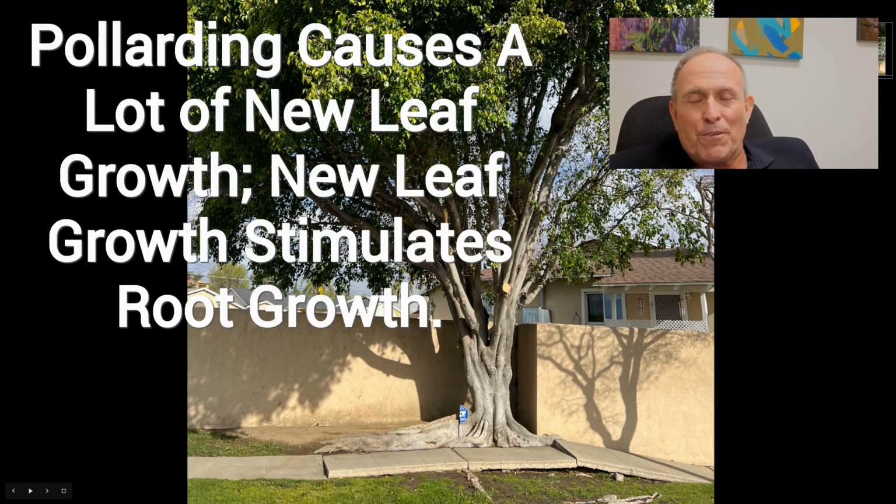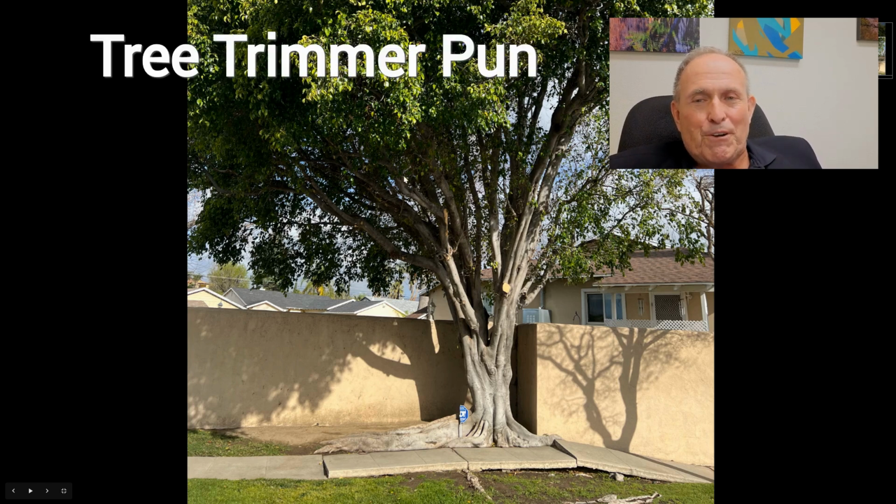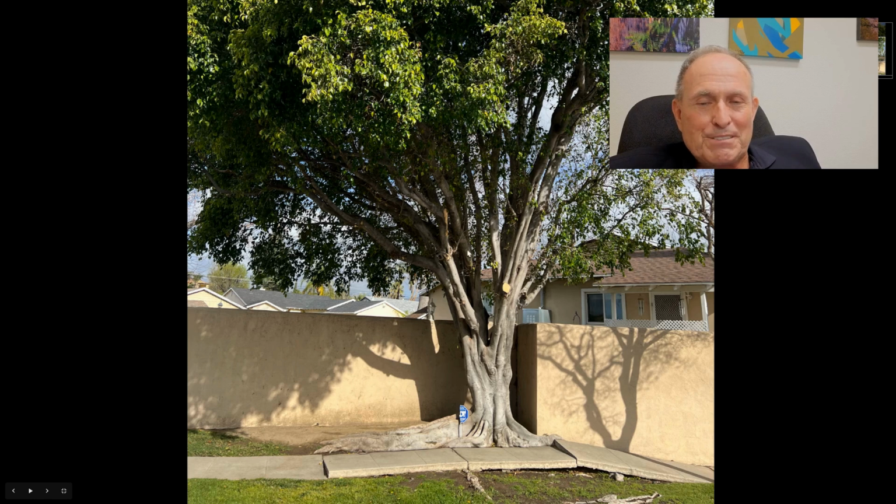So you get these new leaves growing, they produce a hormone that causes the roots to grow. And it's a never ending kind of vicious cycle. And whichever way you slice it, it's not going to do very well no matter how you try. So it's just probably a good idea, unfortunately, to take this tree out.